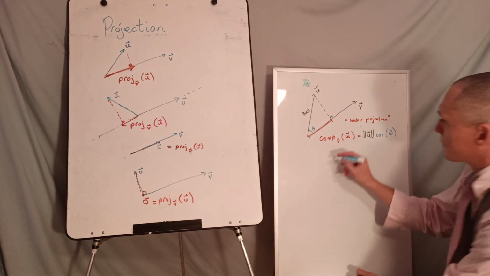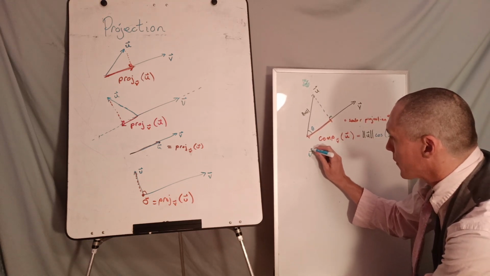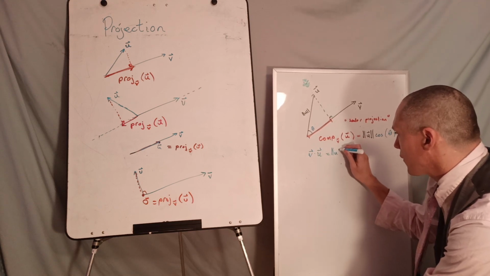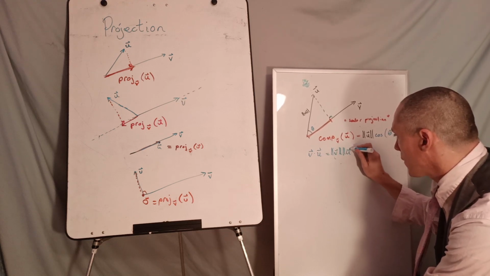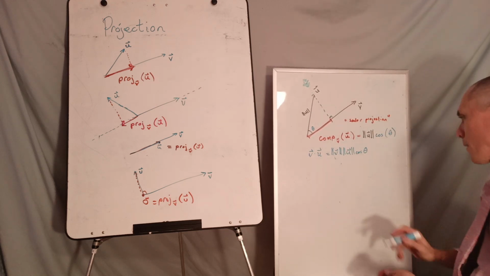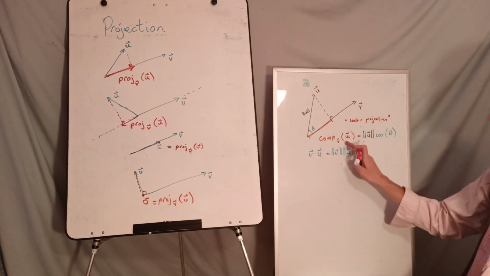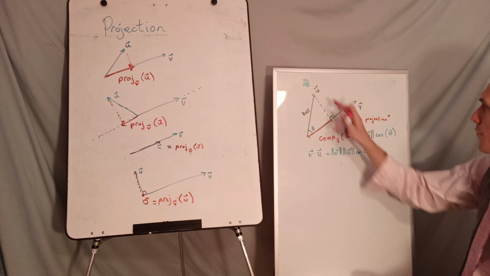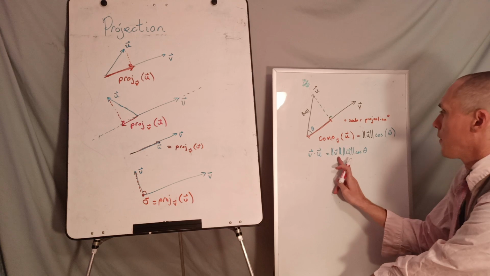So first of all, let's recall the dot product. If this thing looks so much similar to the dot product, let's think about how similar it could really be. v dot u is the magnitude of v times the magnitude of u times the cosine of the angle between them. And from that, we get that my component of u in v's direction, or the scalar projection of u onto v, is going to be dividing this to the other side.